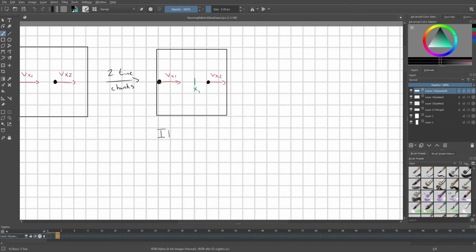But if particle 2 happens to be behind x1, we know that a single collision will happen with the right wall over the next two time chunks.